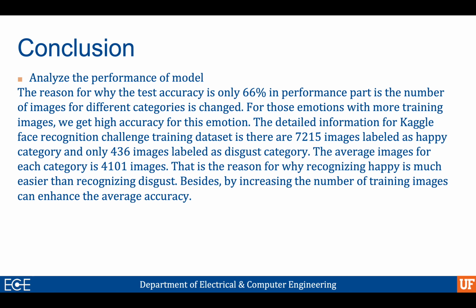Besides, the detailed information for the Kaggle facial expression recognition challenge training dataset is that there are 7,215 images labeled with happy and only 436 images labeled with the disgust category. So it's hard to recognize disgust, but it's easy to recognize happy. That's the reason why recognizing happy is much easier than recognizing disgust.